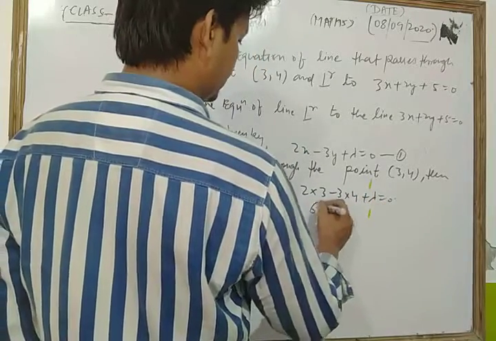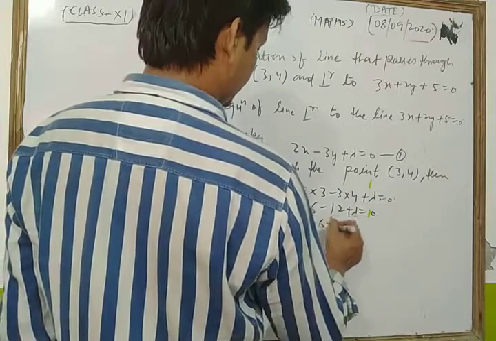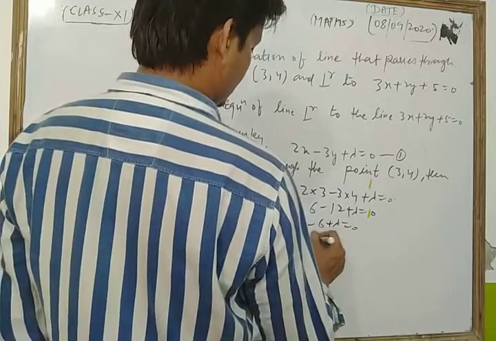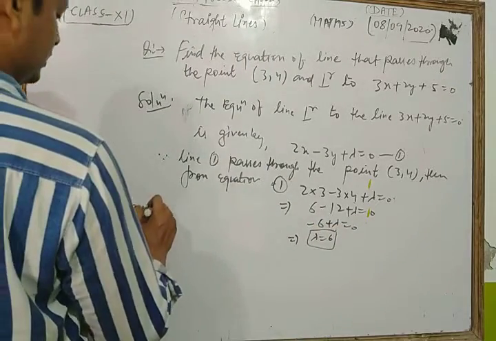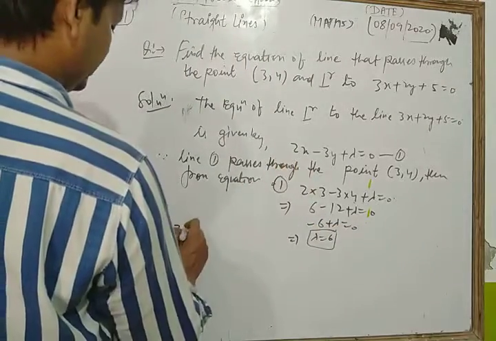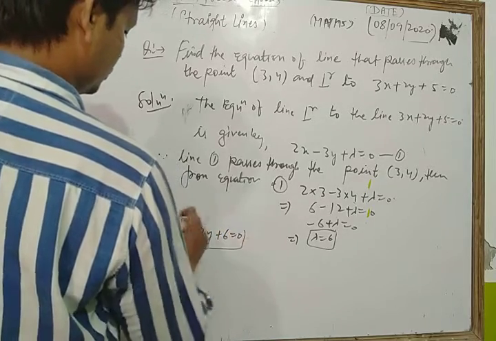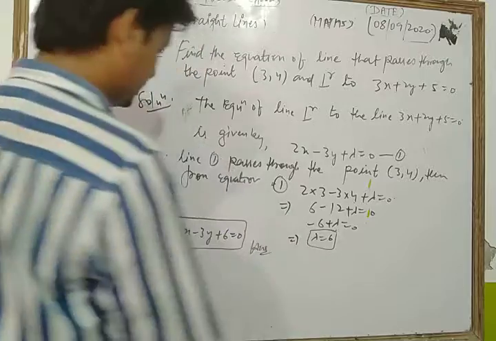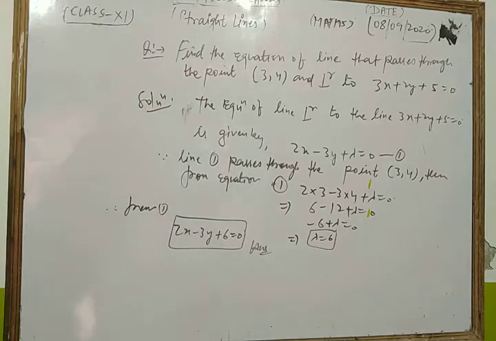So we get 6 minus 12 plus lambda is equal to 0. So minus 6 plus lambda is equal to 0, that is, lambda is equal to plus 6. Now from equation 1, the required equation of line is 2x minus 3y plus 6 is equal to 0. This is our required answer.